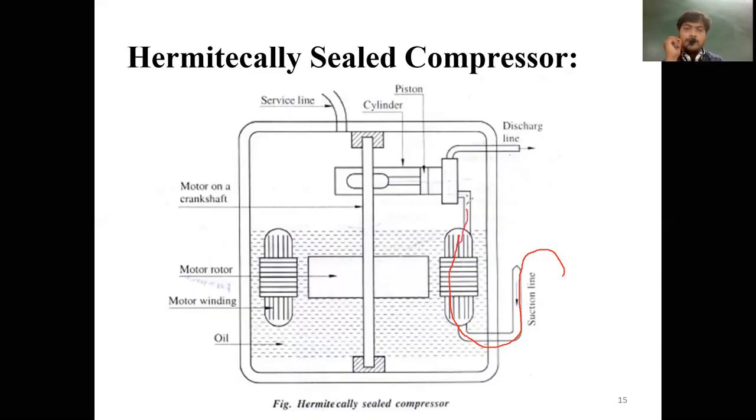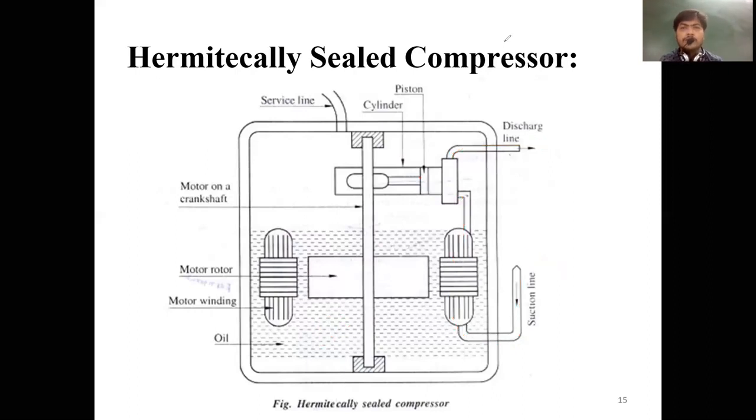Now it goes into the reciprocating compressor, where pressure increases because it is connected to the motor's crankshaft rotation. So the piston moves up and down, TDC to BDC, pressure increases, and this high pressure is discharged to the discharge. Okay. This is the main function of the hermetically sealed compressor. Okay. The oil is used for lubrication.